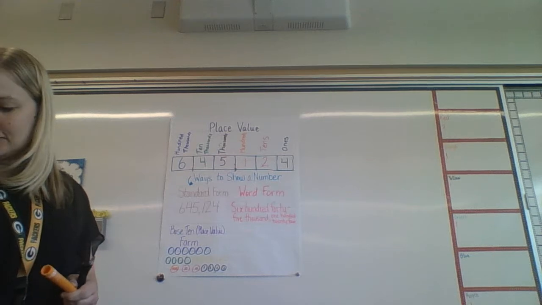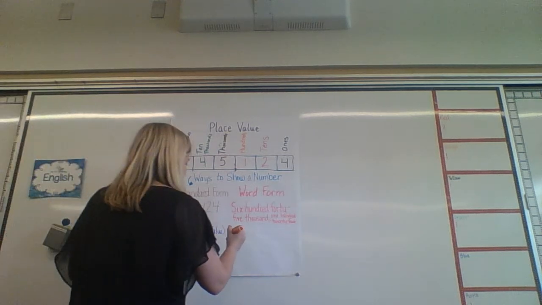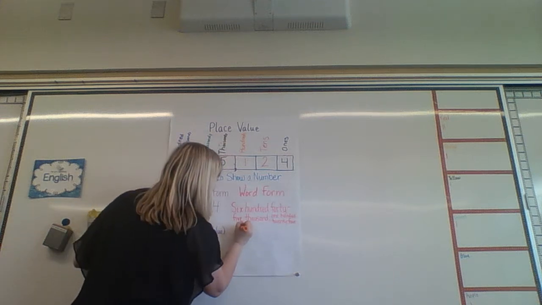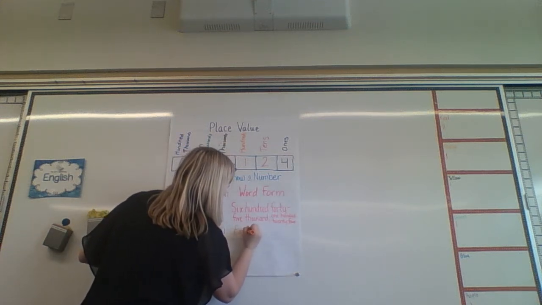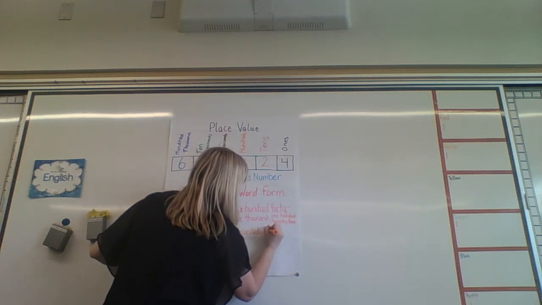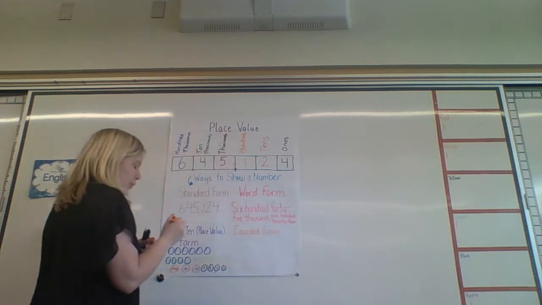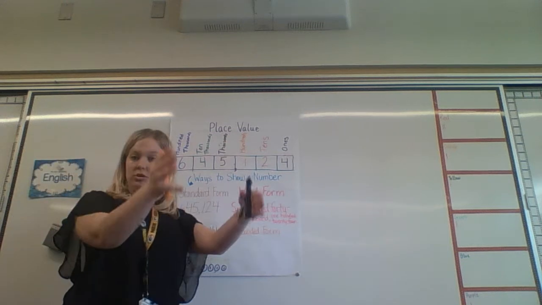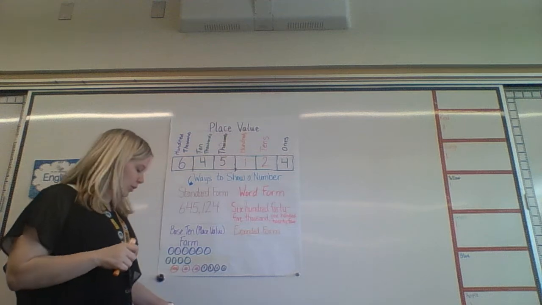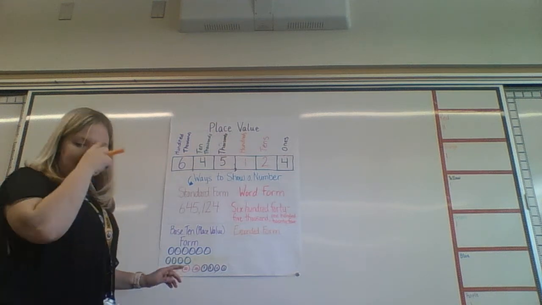So for expanded form, when we expand a number, we're breaking it out into the value of every single piece of place value. So let's look here.